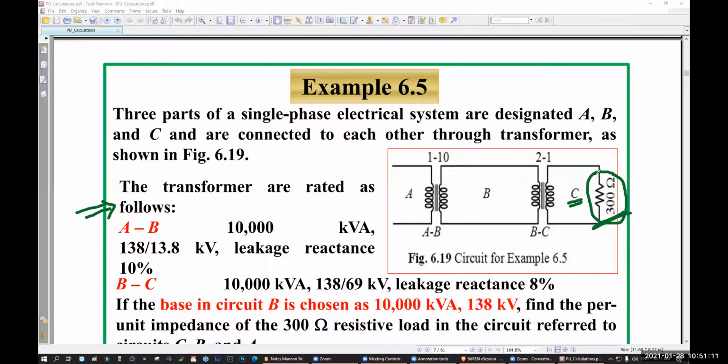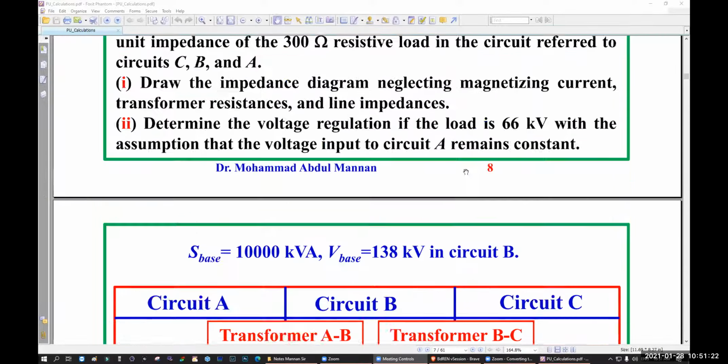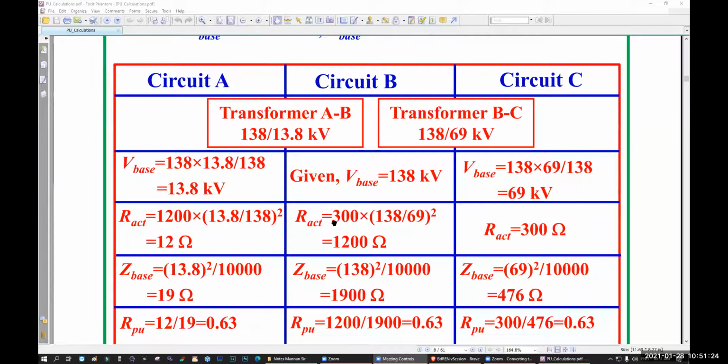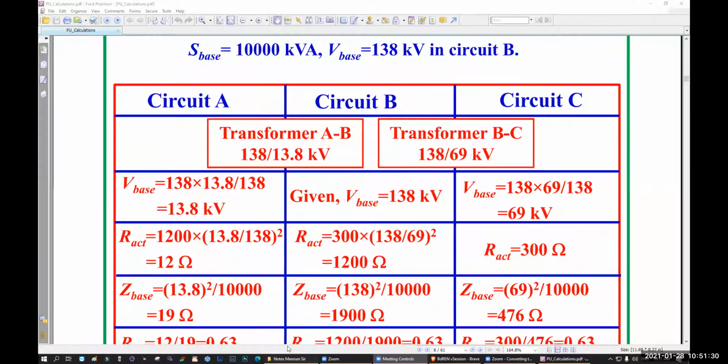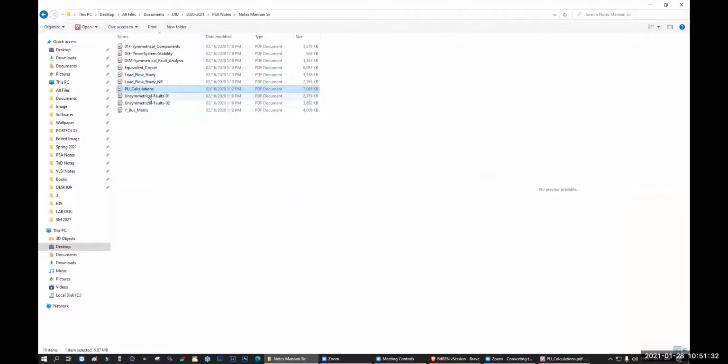What will happen if I shift this to our B side? You will have to convert that. Convert how? 300 into 138 divided by 69 whole square. This was the formula from where? From here, maybe. Equivalent circuit.